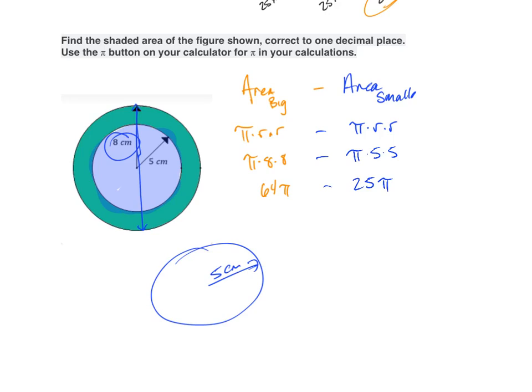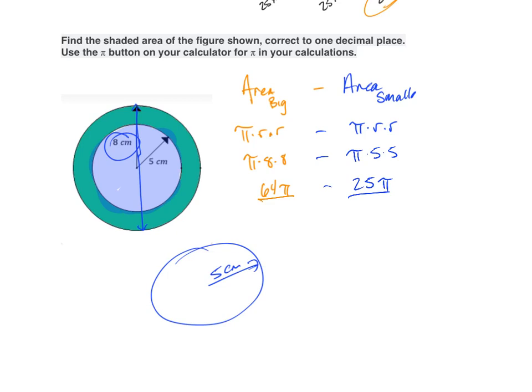Okay, so now one way to do this is to go ahead and calculate all this now. So I need to figure out what 64 times pi is, and I need to figure out what 25 times pi is. So again, I plugged that into my calculator, and they've told us to be accurate.